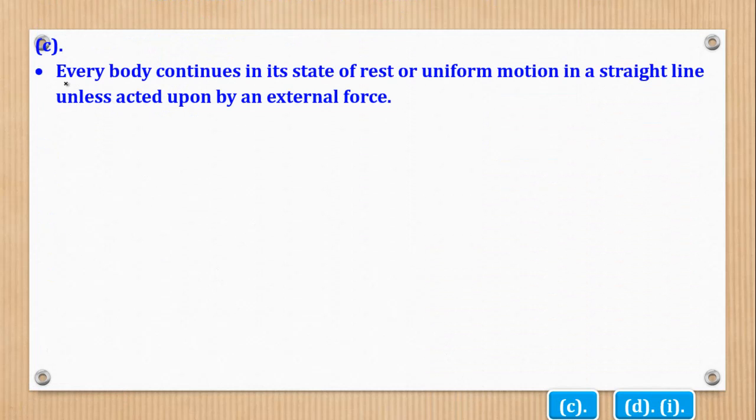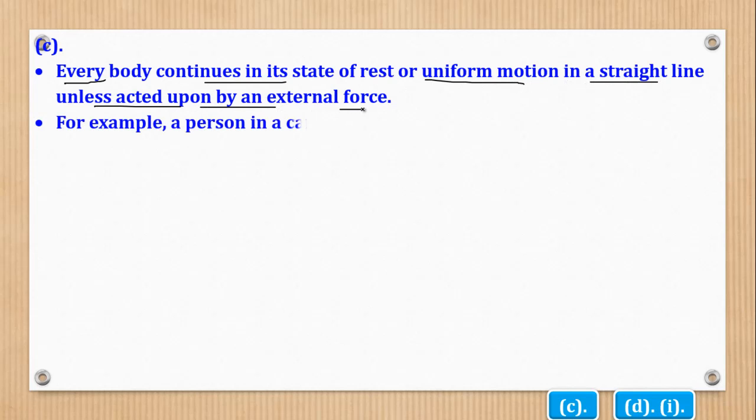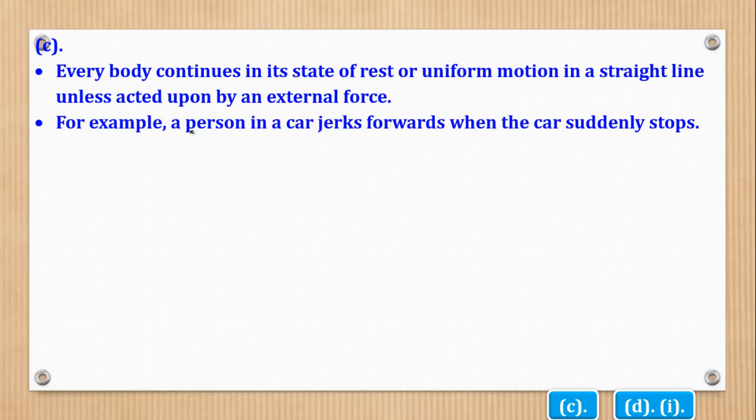So first we shall say, every body continues in its state of rest or uniform motion in a straight line unless it is acted upon by an external force. So that is the law, but they told us to give an example. So an example is a person in a car jerks forward when the car suddenly stops.